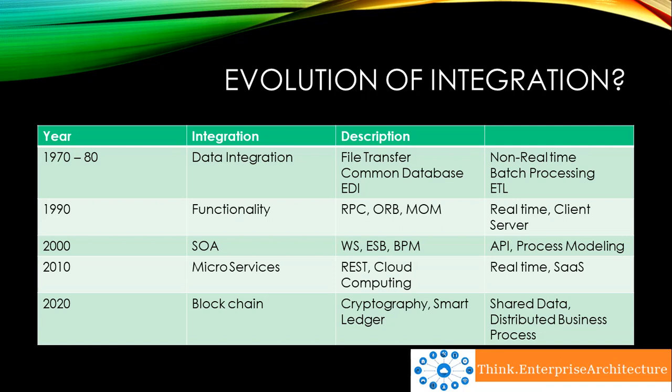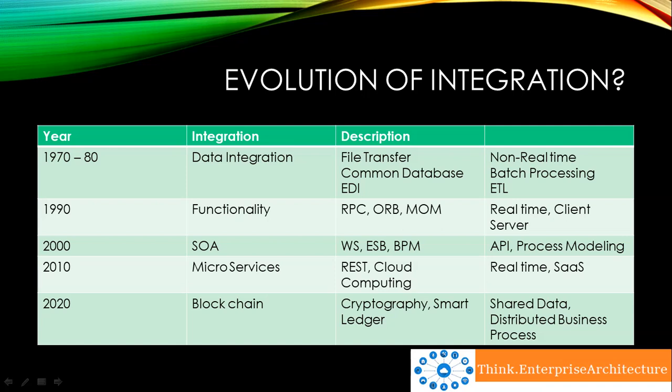In 2000, service oriented architecture came into the picture. It was about web services, enterprise service buses, and business process modeling. Then in 2010, when cloud computing started to grow, REST APIs came into the picture.